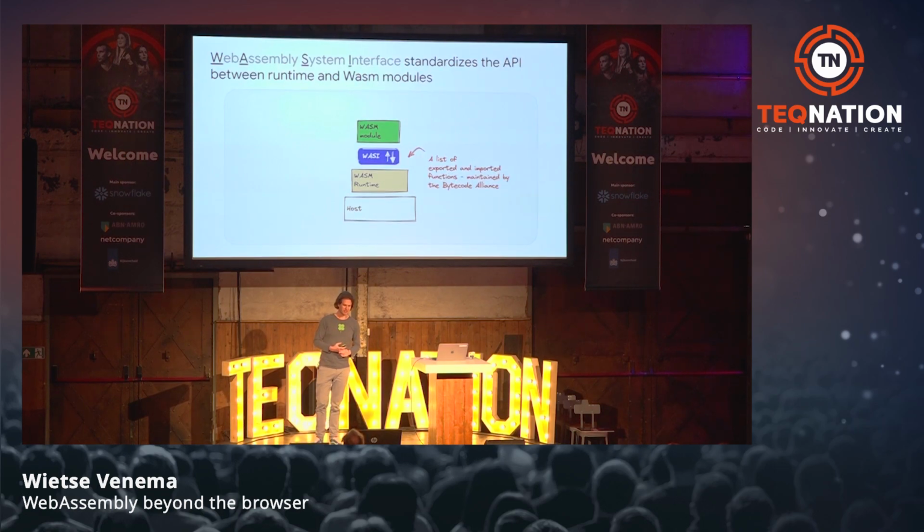But luckily, that doesn't mean that you need to reinvent the contract between a module and a runtime for every application you build. That would be very impractical, because that would also mean that every runtime would be completely custom for your application, because you need to figure out this API. So the WebAssembly System Interface standardizes this API between modules and the runtime.